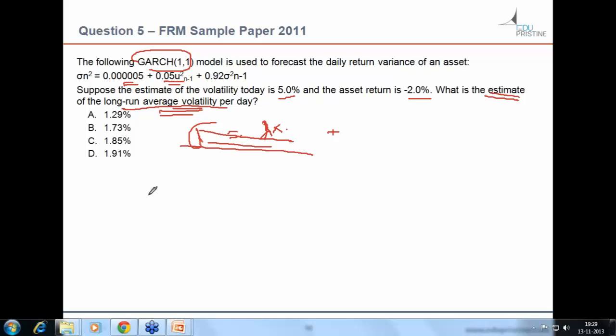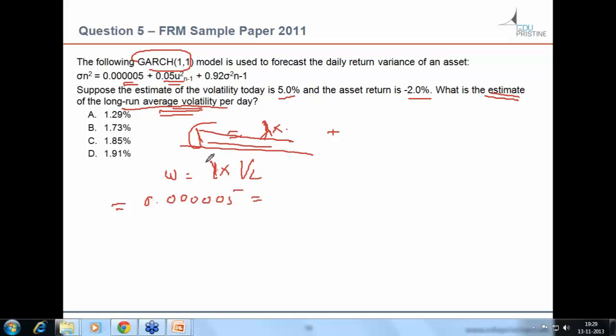So what is it? It is very simple. It is omega, okay, into gamma, okay, into long run average volatility. Okay, so we have the omega value with us.